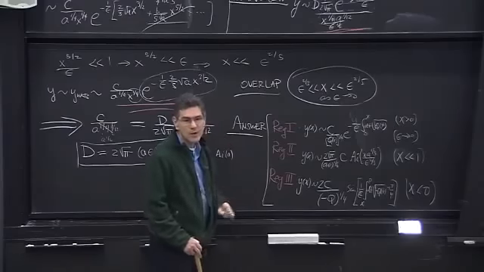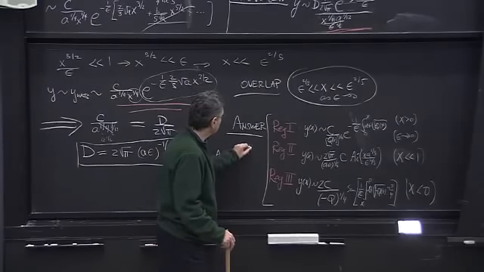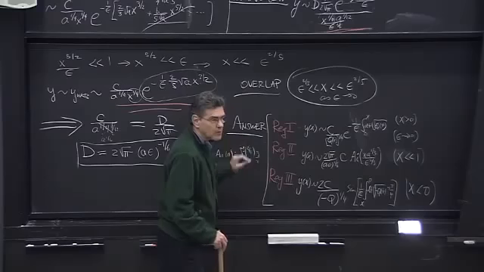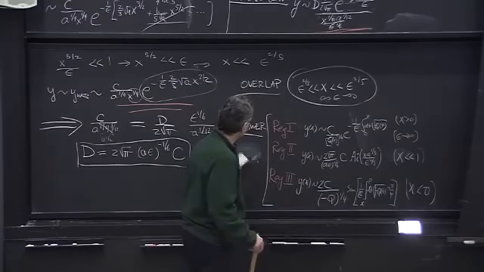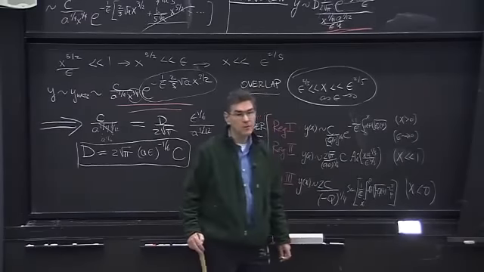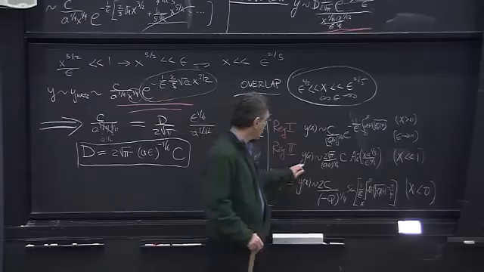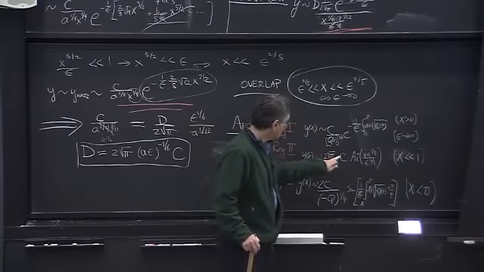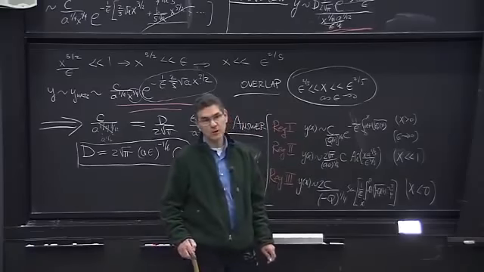If you look it up in a book, I don't remember what it is, but it's gamma of 2/3 over 3 halves to the 1/3, some number. We don't care what it is. You plug it in here, and that tells you what c is. That fixes the overall constant. So this is an equation for c. So 1 becomes equal to 2 square root of pi over blah, blah, blah. It's a formula for c.